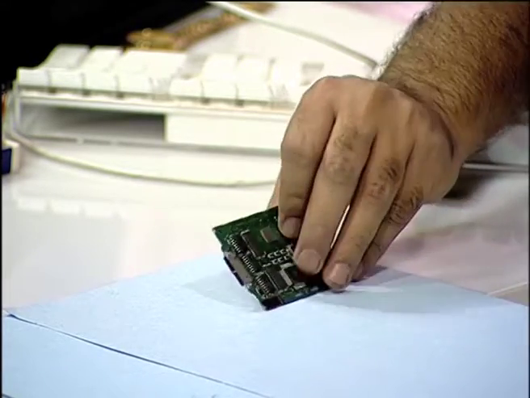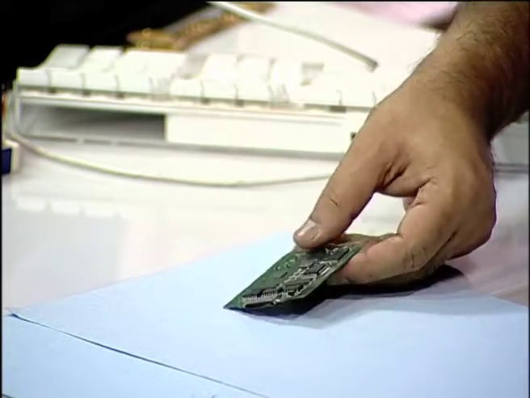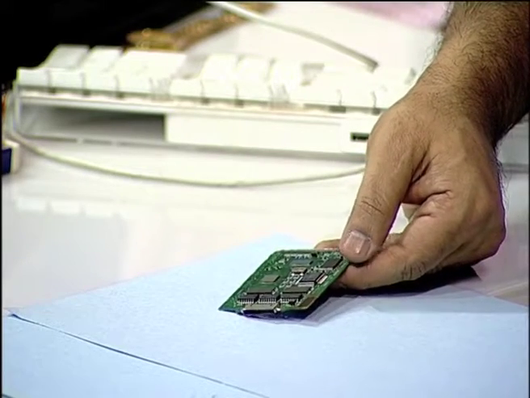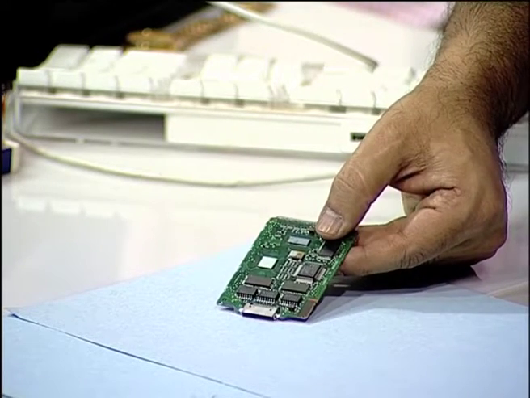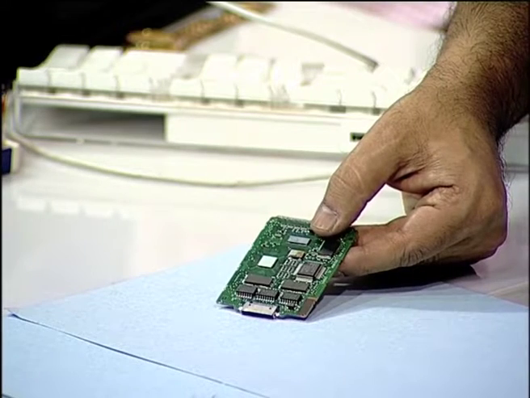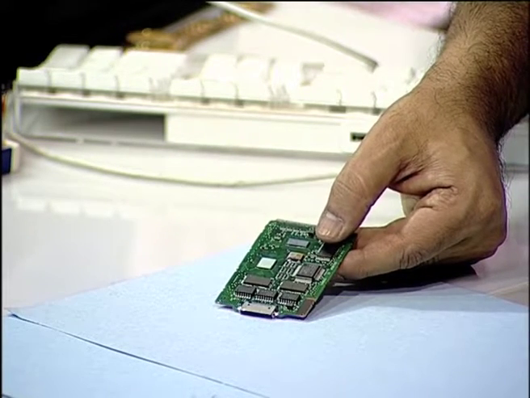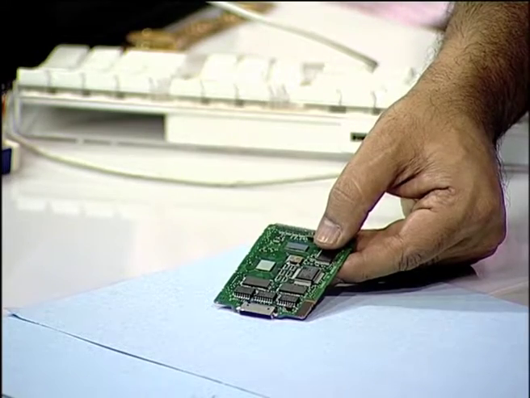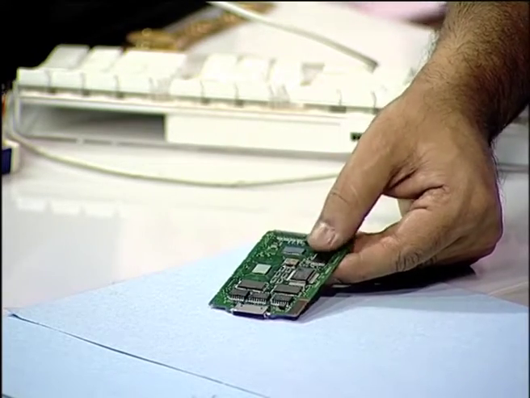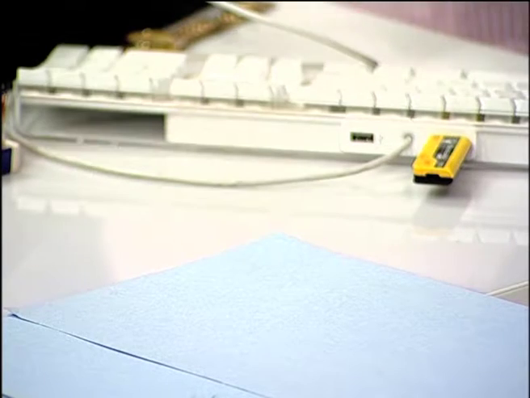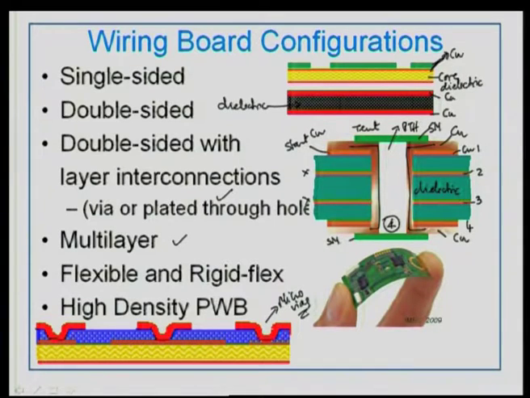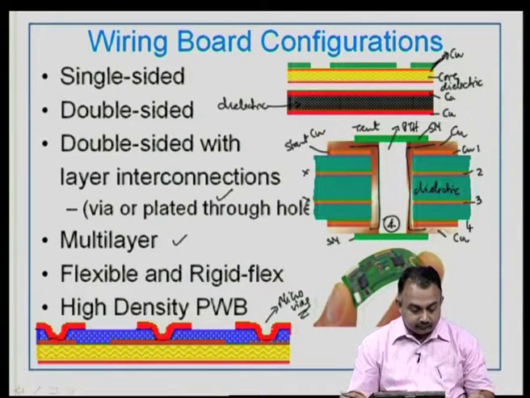This is a 6-layer board containing flip chip and surface mount devices, and it uses micro vias for connecting those build up layers of the order of 90 microns or so. So, this is a high density board. These are the various configurations that you have for printed wiring boards.